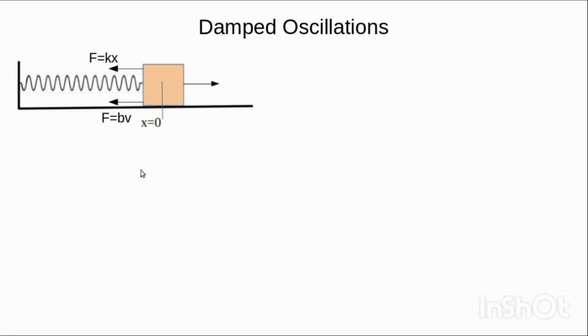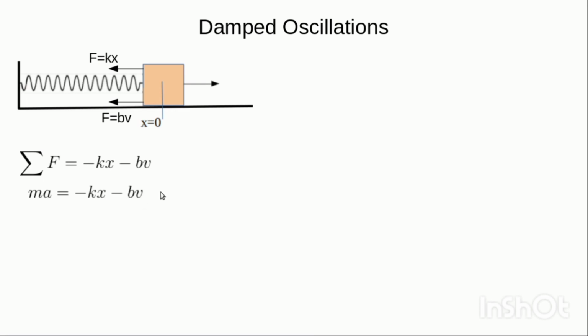So the sum of all these forces is equal to F. From Newton's law, we can see that we have minus kx minus bv, because they oppose the motion of this block. Now, our F here becomes ma, so we replace it with ma, which is equal to minus kx minus bv.